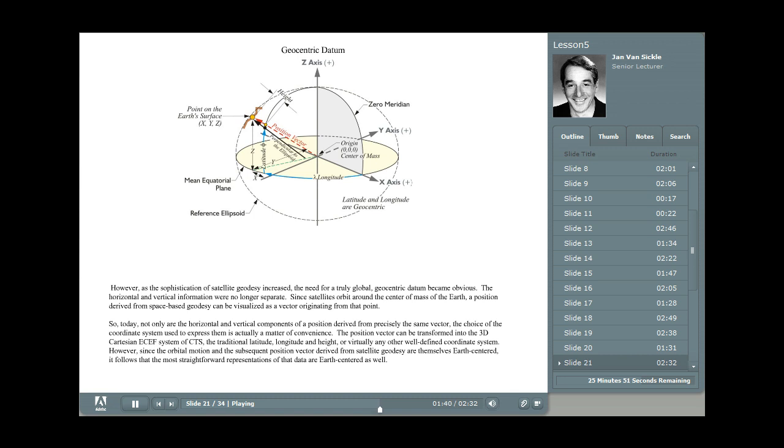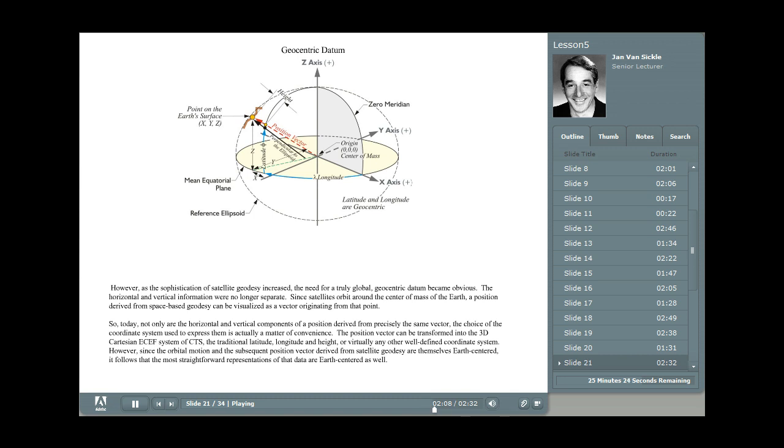Now the position vector you see in red from the center of mass up to the point. However, we see a different vector that's perpendicular to the ellipsoid. It doesn't go to the center of mass. This is the transformation we talked about. And then finally, notice that if we're going to go from the position on the ellipsoid up to the actual surface of the Earth, we add a height, an ellipsoidal height.